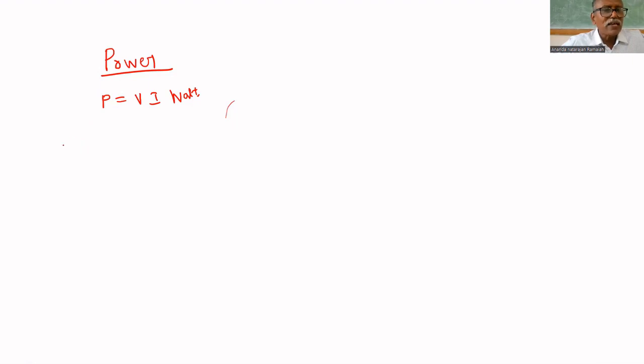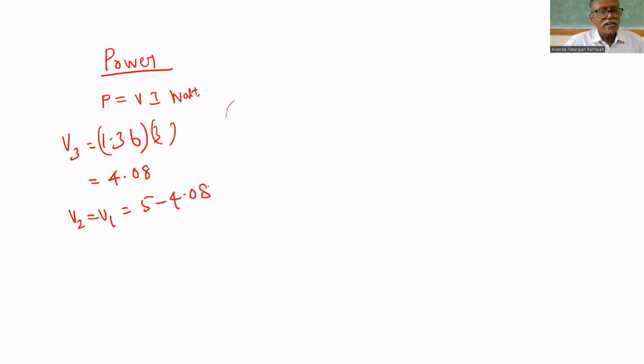Therefore, to find V, voltage across the 3 ohm equal to what? 1.36, am I correct? 1.36 multiplied by 3. How much? 4.08. So V3 equal to 4.08 means V2 equal to V1 equal to 5 minus 4.08.